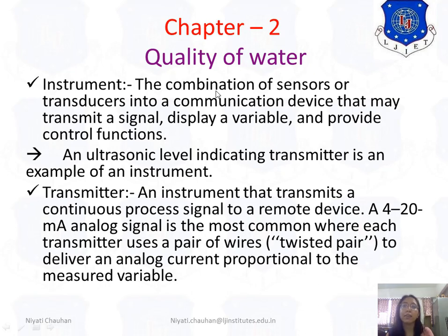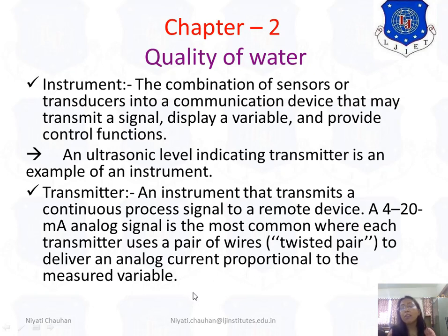Next, transmitter. An instrument that transmits a continuous process signal to a remote device. A 4 to 20 milliampere signal is the most common, where each transmitter uses a pair of wires, a twisted pair, to deliver an analog current proportional to the measured variable, right?